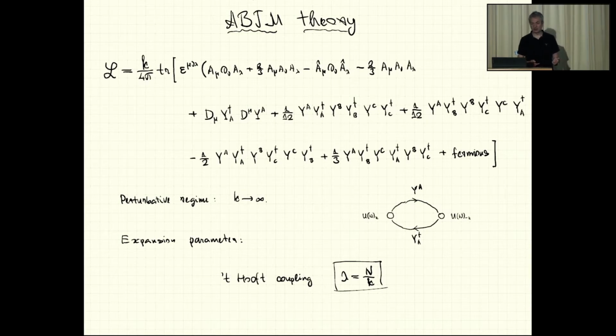On top of that, there is matter in the bifundamental representation, which contains both bosons and fermions, and the theory is actually supersymmetric if the coupling constants are adjusted appropriately. It has a well-defined 't Hooft expansion, which is the expansion in the inverse of the Chern-Simons level. So the coupling constant is the ratio of the number of colors to the level.